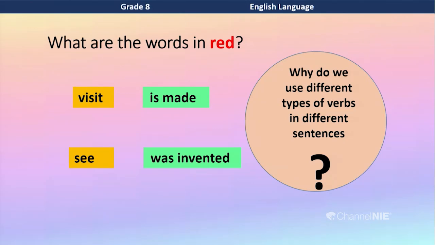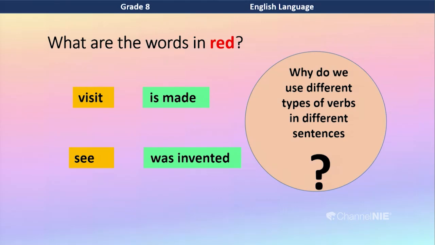What are they actually? They are verbs. Of course, they are verbs, but do you see them in the same form? No, they are different from each other. And what makes the difference? That's the question, right? We'll see what makes the difference of the verbs that we use in different sentences.